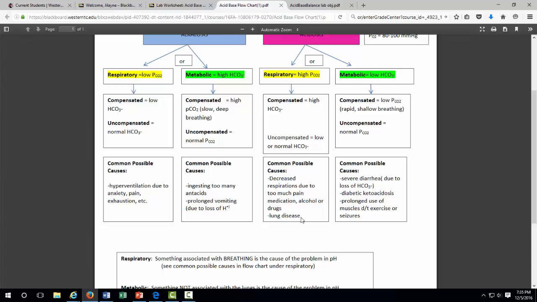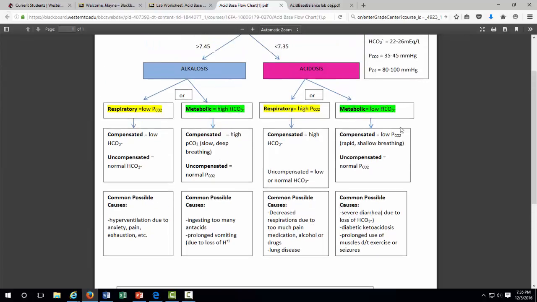Okay, lung disease. So if a person has advanced emphysema, asthma, anything that prevents the respiratory membrane from blowing off and getting rid of that CO2 from the blood to the lungs, that is going to cause respiratory acidosis. So anytime we have things building up in the blood outside of the lungs, we have a metabolic acidosis. That can be from diarrhea.